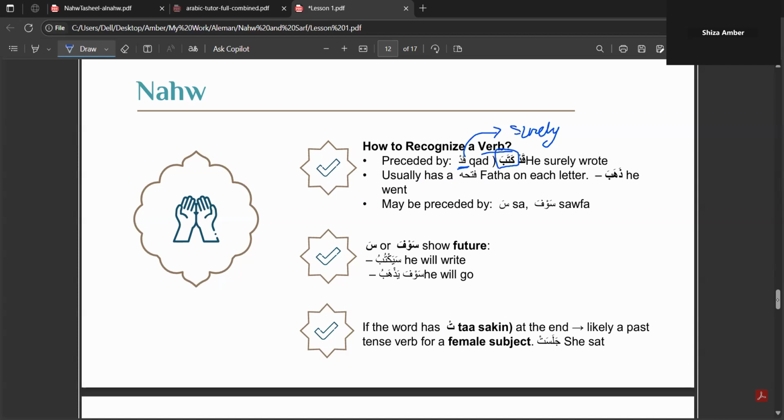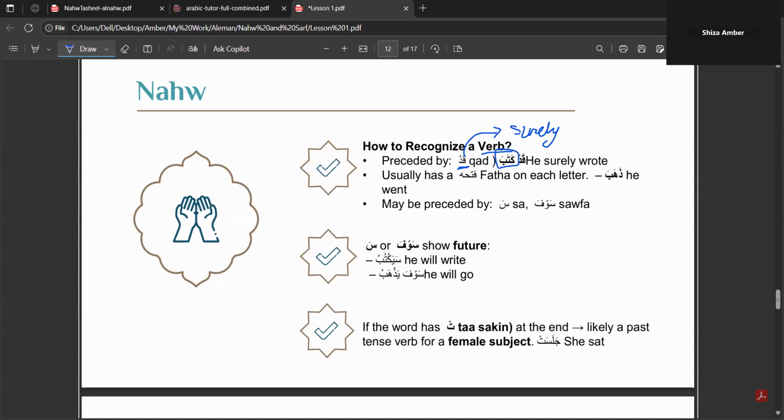And if there's a qad before it, you can automatically understand that this is a verb. And you will translate it as he surely wrote, because qad itself has a meaning of surely or certainly. Is it understandable? Are you following? Yeah.